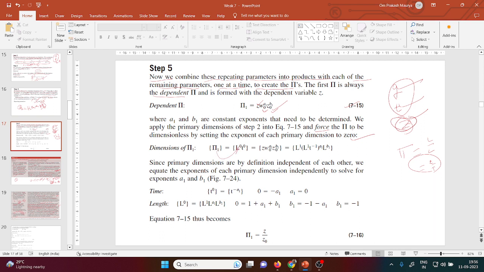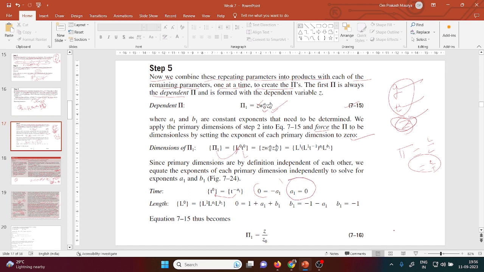For the pi we have written the dimension L0 and T0, and the power is written here: Z, that is the length, and W, velocity, L1 and T minus 1 to the power a1. So you already know that T0 and T minus 1, that is a T1. So these are equal. So minus a1 equal to 0, and a1 is equal to 0.